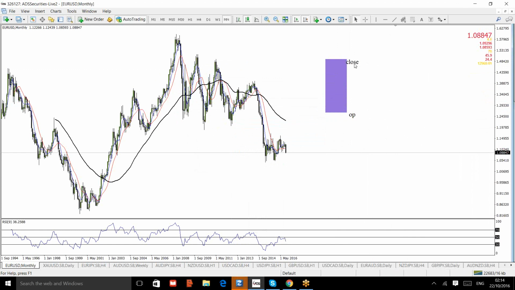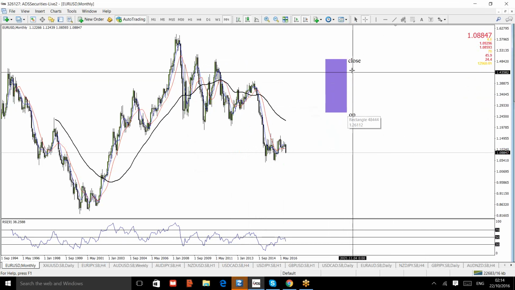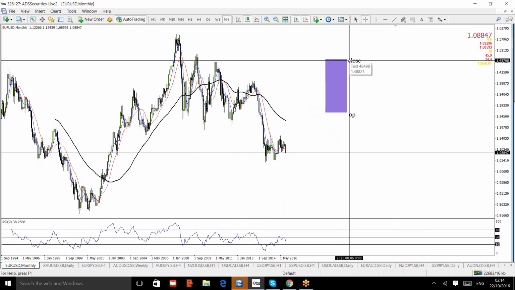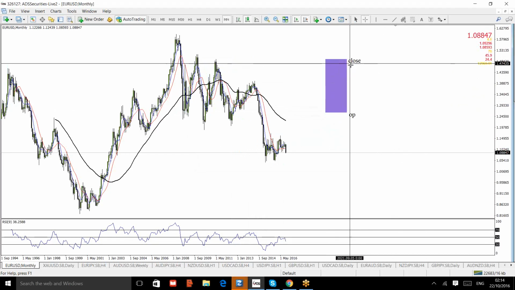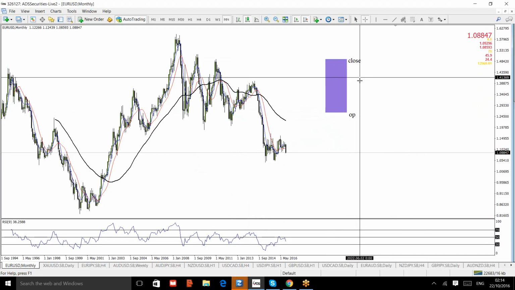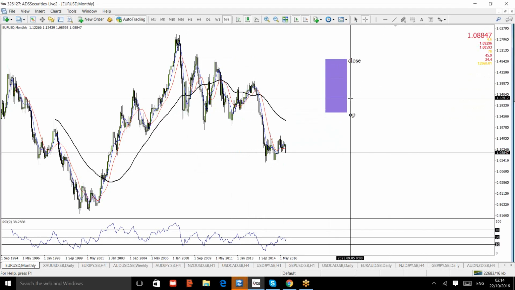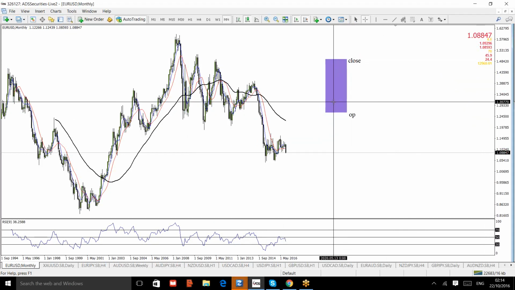So who wins? Buyers win, because buyers were able to push the market from this level to this level. Sellers were trying to push the price down. They failed and buyers win. This candle represents strong buying strength, a victory for the buyers.